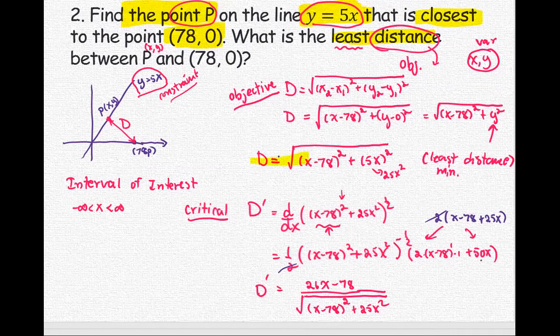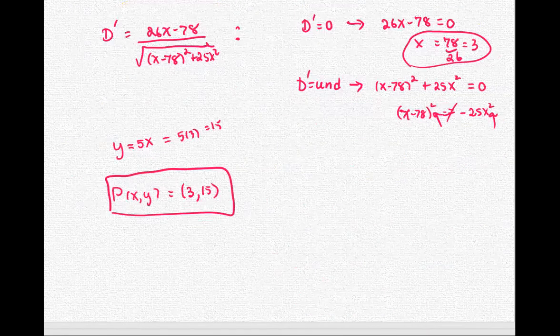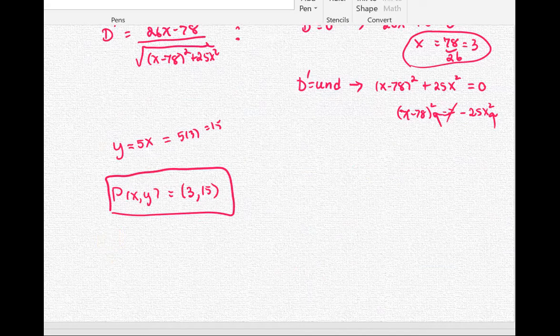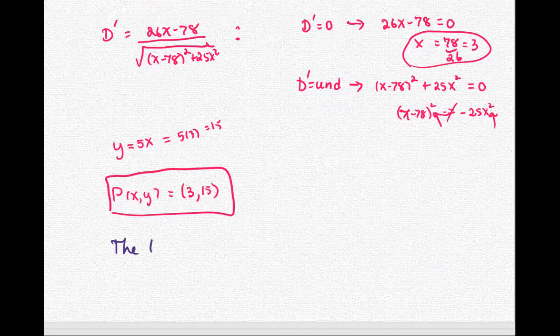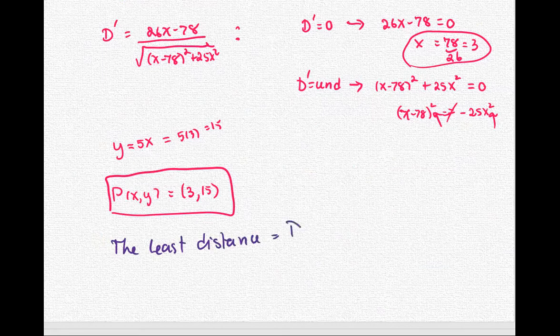Either use this version or this version, either one, to get the value out. Since we already got both x and y, I'm gonna go ahead and use the one that has y in the equation. So then the least distance is going to be D equals the square root of 78 minus 5 squared plus y squared, which is 15 squared.